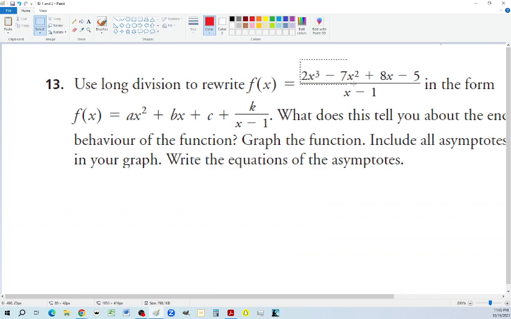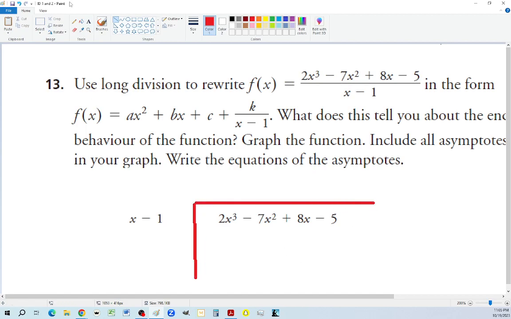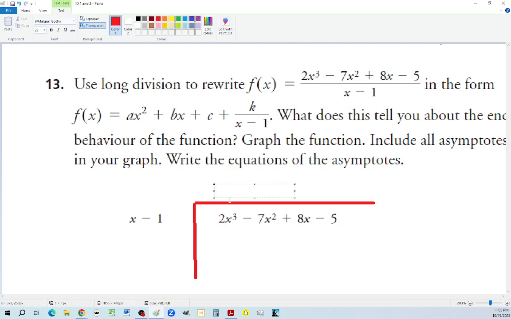Okay, if I take this and divide it by that, so it goes in 2x times.